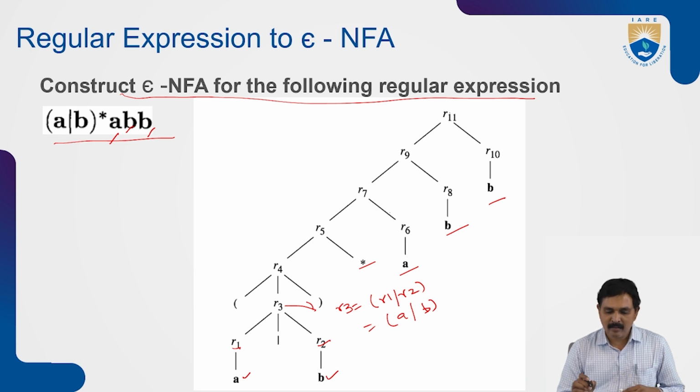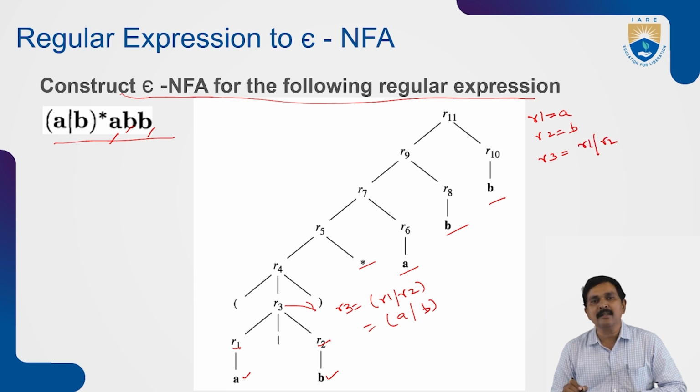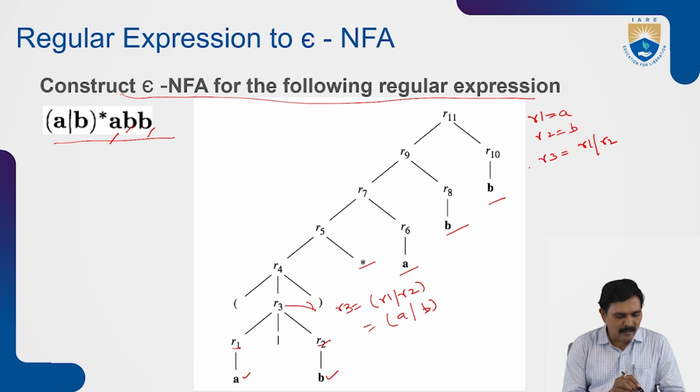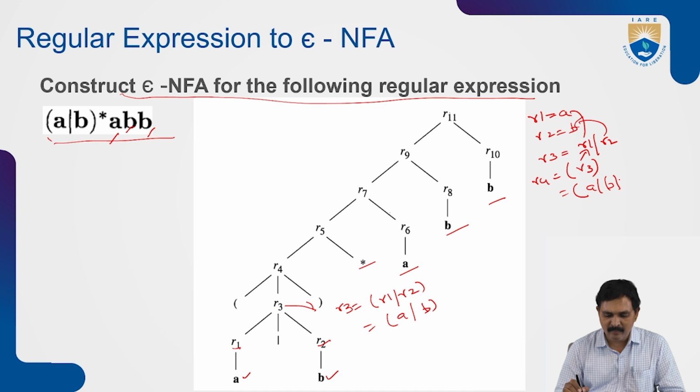So you may assume R1 equal to A, R2 equal to B, R3 equal to R1 slash R2. After that there is a parenthesis expression, so you can assume R4 equal to parenthesis of R3. R3 is R1 by R2, R1 is A, R2 is B. Finally we get the expression (A/B) whole star.